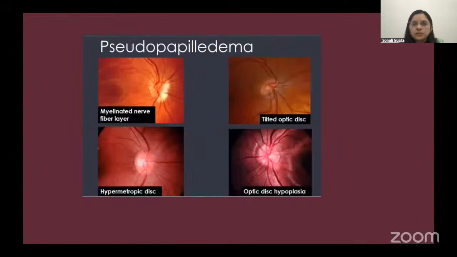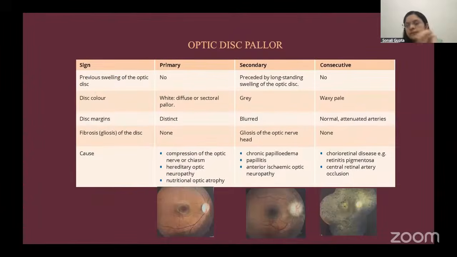Some frequent causes of pseudopapilledema could be optic disc drusen, apart from the hypermetropic disc, myelinated nerve fibers, a tilted disc, or a hypoplasia. If we come across a disc pallor, which could again be primary, secondary, or consecutive, that again points us towards what the cause could be.